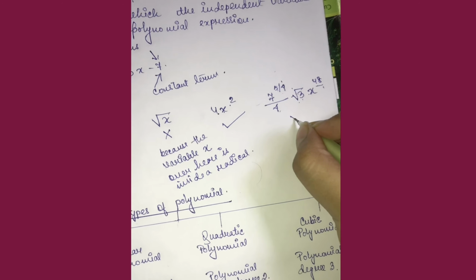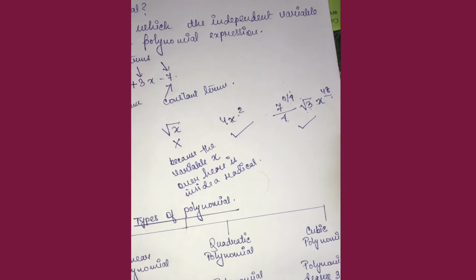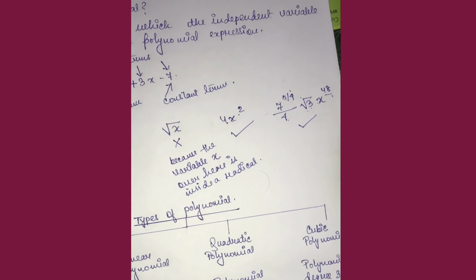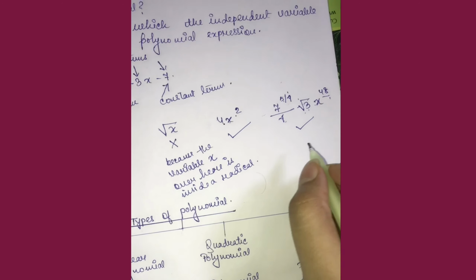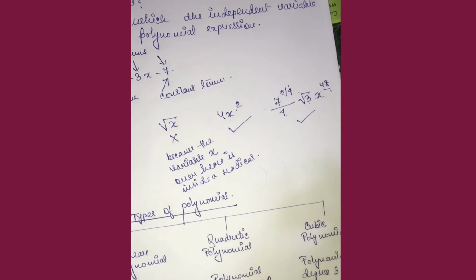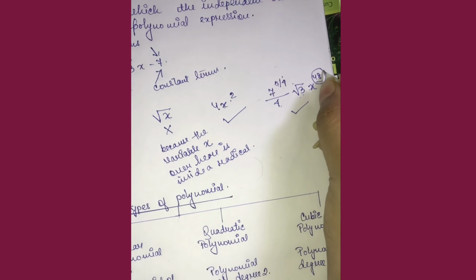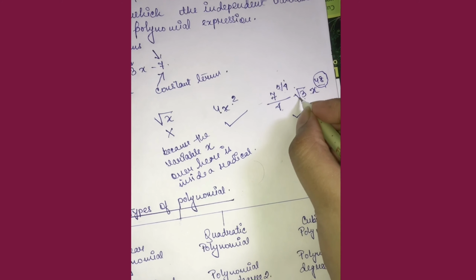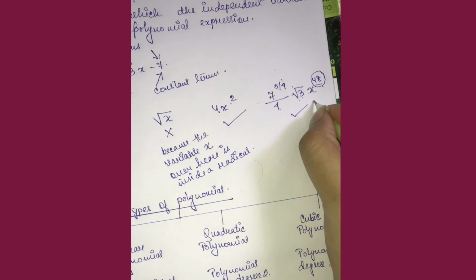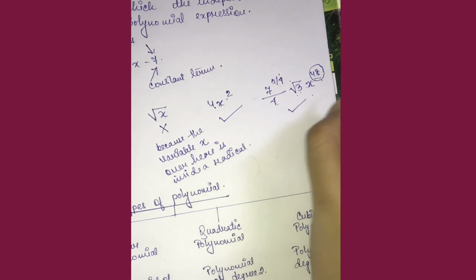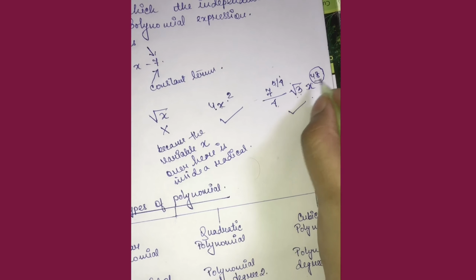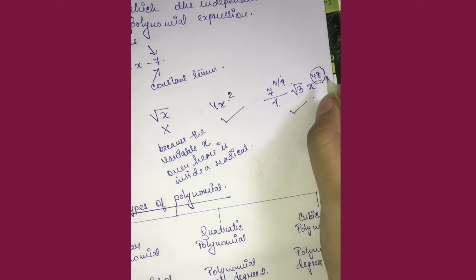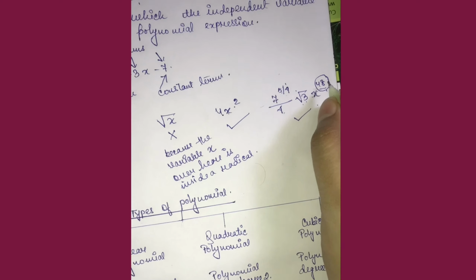This is also a polynomial because the variable has a whole number power. It does not contain any root. The variable is not in the denominator. It does not contain any negative power. It contains a whole number power.